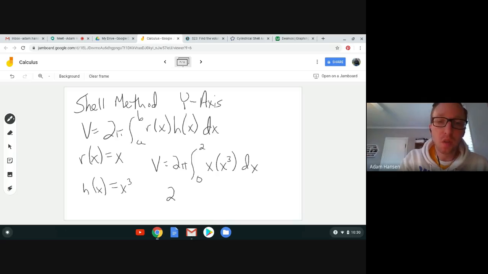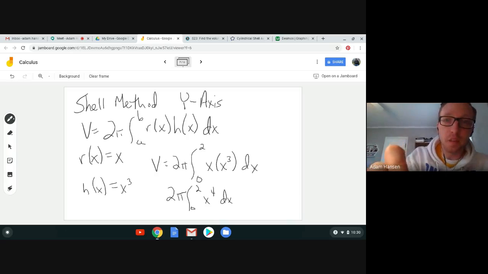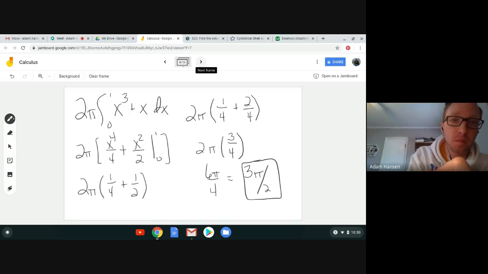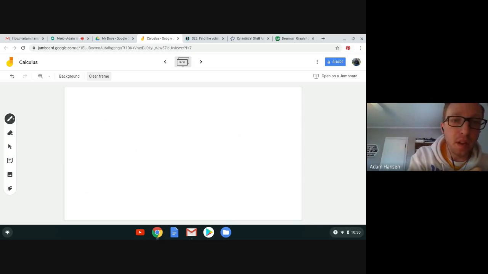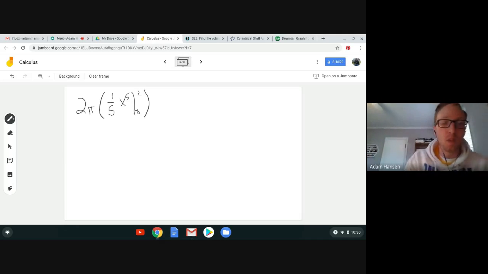From there, 2 pi times the definite integral from 0 to 2 of x to the 4th dx. The antiderivative of x to the 4th would be 1/5 x to the 5th. Let's see, 2 to the 5th, is that 32?